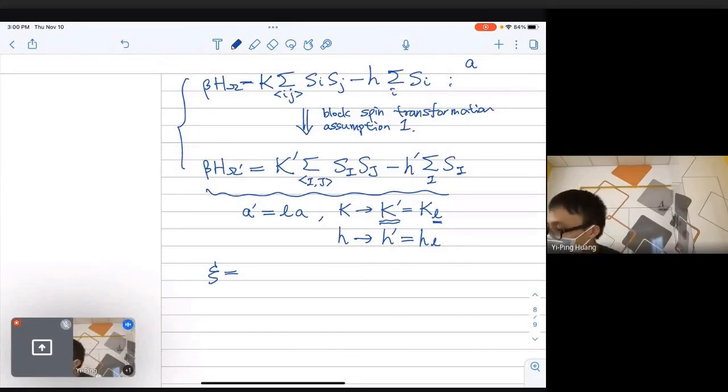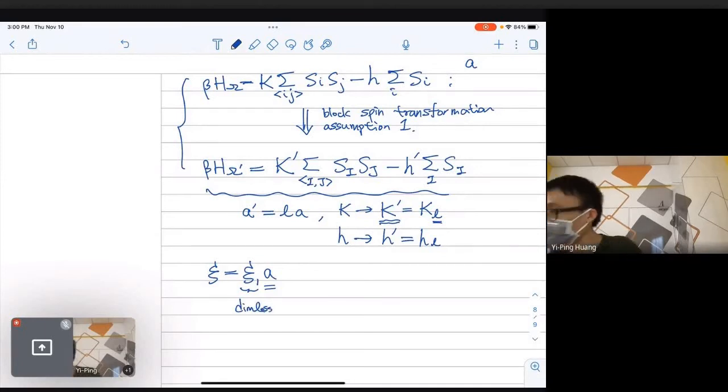If we write down the correlation length in the first model, it can be measured using the lattice constant A, and we can use C1, which is a dimensionless number, to represent the physical correlation length. So this thing is dimensionless.